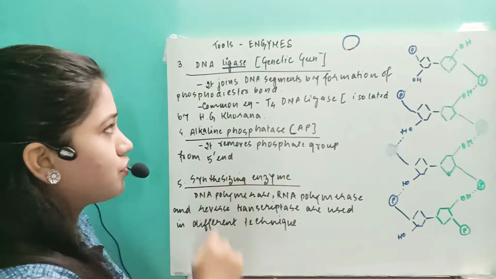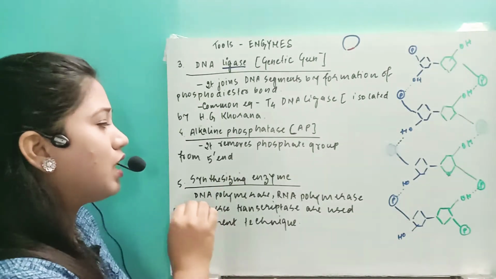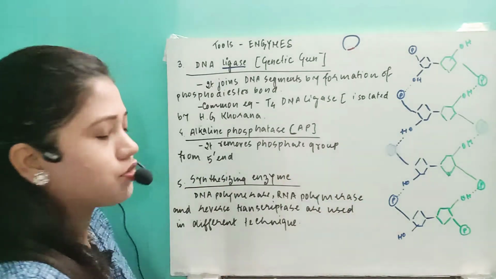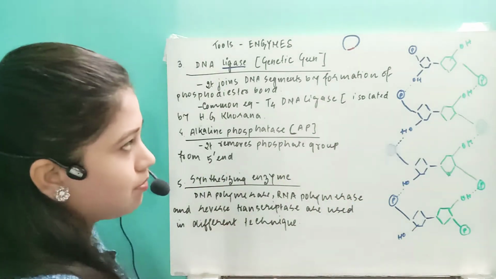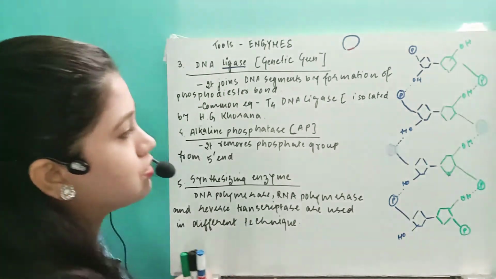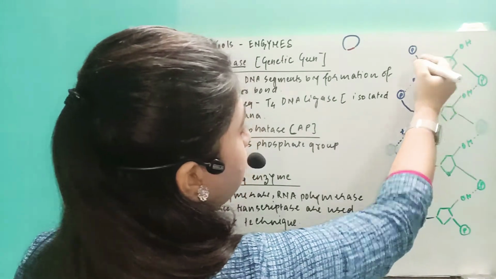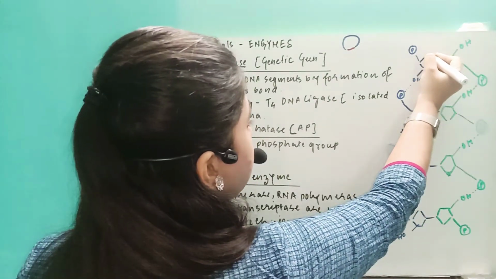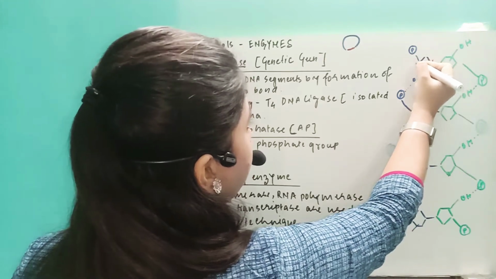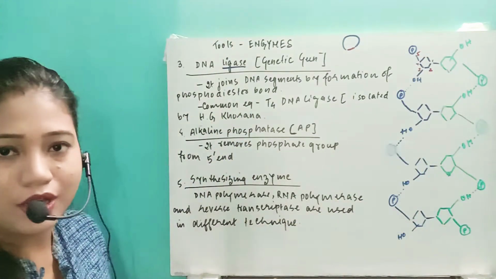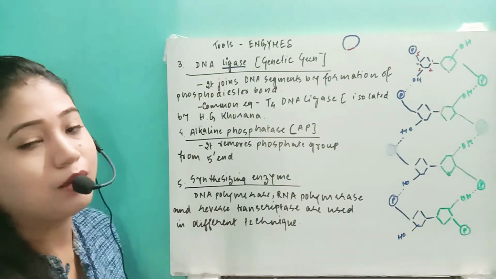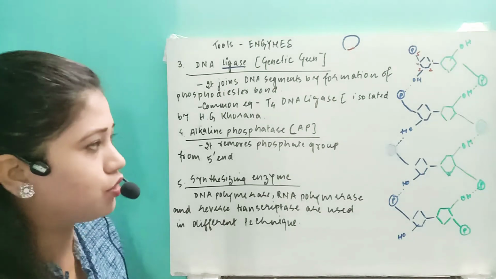Alkaline phosphatase is a type of enzyme which helps in removing the phosphate group from the 5' end. So what is the 5' end? This is the structure. This is O, and here this is the first, second, third, fourth and fifth carbon atom. On the fifth carbon atom we have the phosphate group, and on the third carbon atom we have the hydroxyl group.